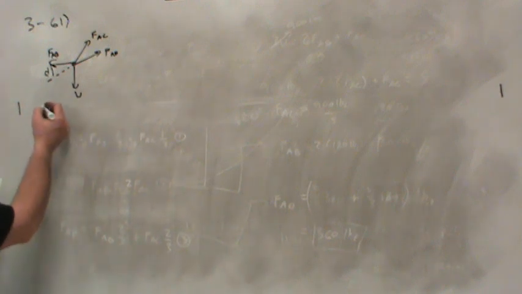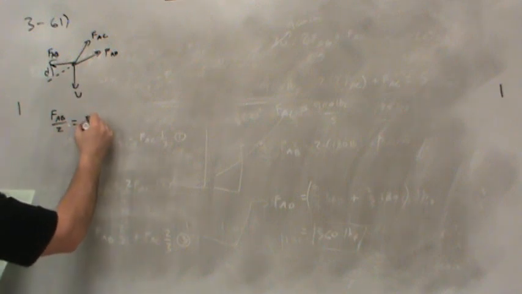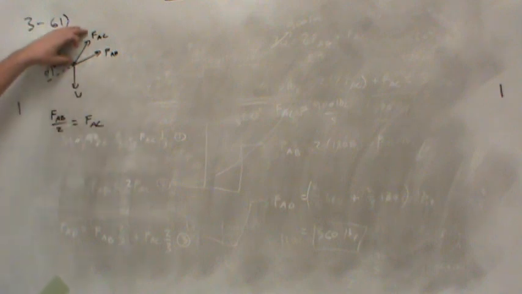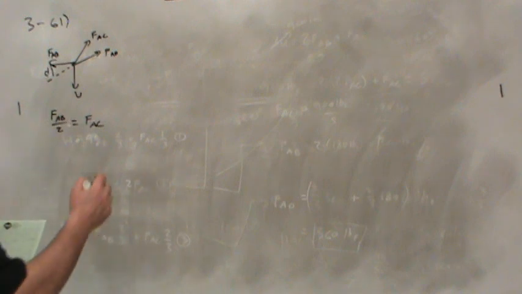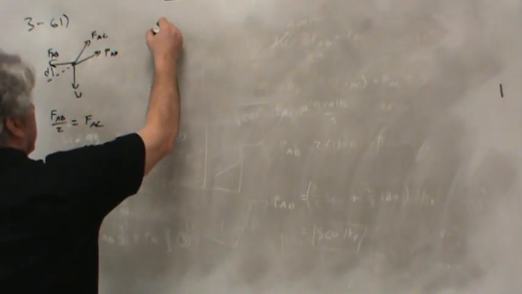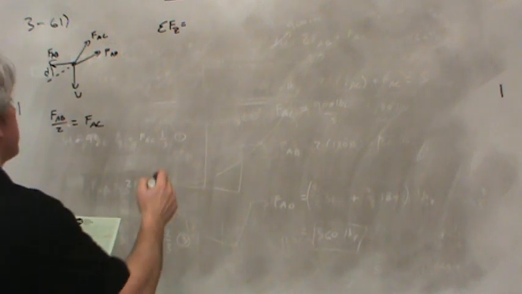Now the constraint that they've given us is that half of FAB equals FAC, or in other words, the force in cable AC is half the force in AB. So this sort of Lone Ranger, if you will, by itself has twice the force of what AC has in it. Now referring back to the diagram I showed you, we can sum forces in the z direction.